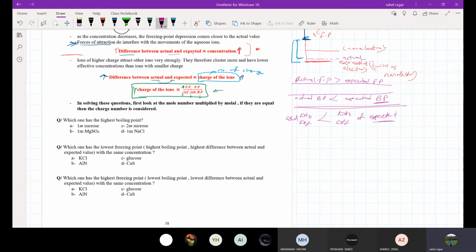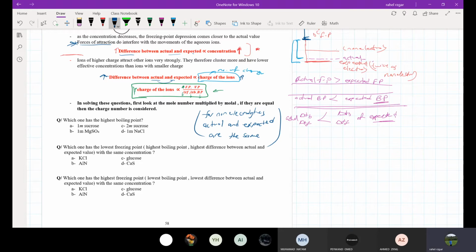The note is: for non-electrolytes, actual and expected are the same.